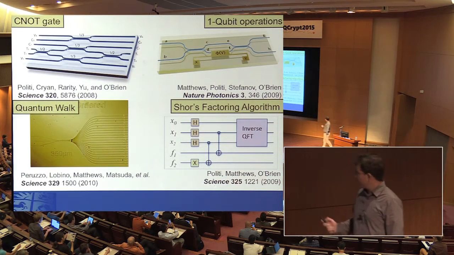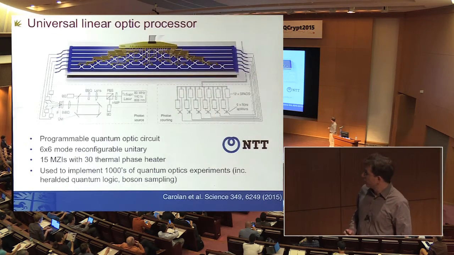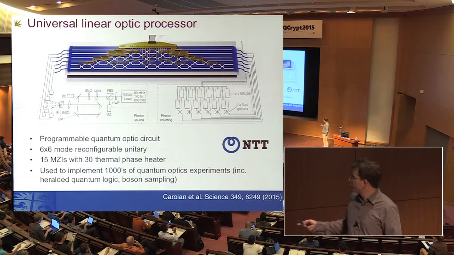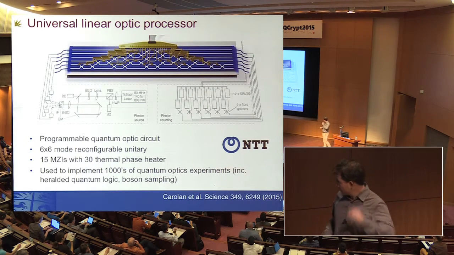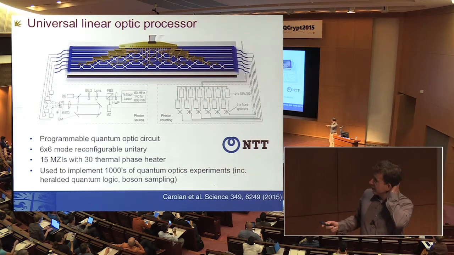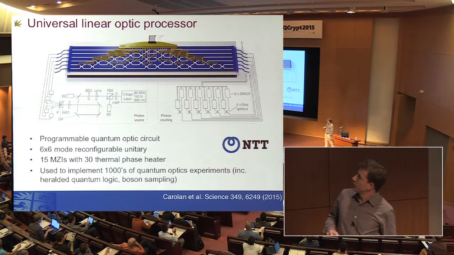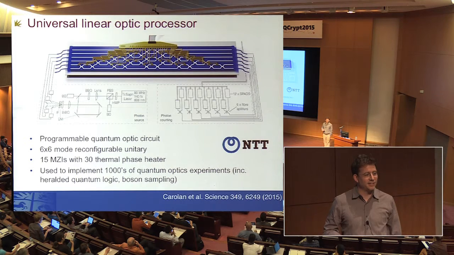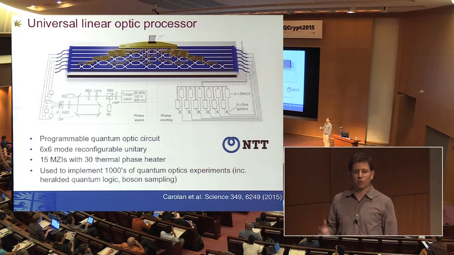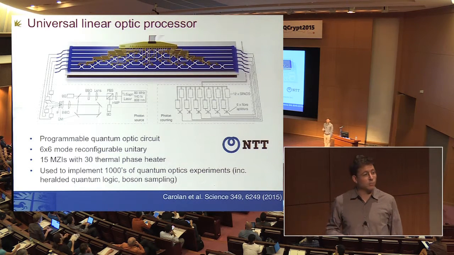I'd just like to highlight one most recent result of ours, which is this work that we did in collaboration with NTT and was published a couple of months ago now in Science, and we call it the Universal Linear Optical Processor. It's effectively a completely arbitrarily programmable linear optic processor.